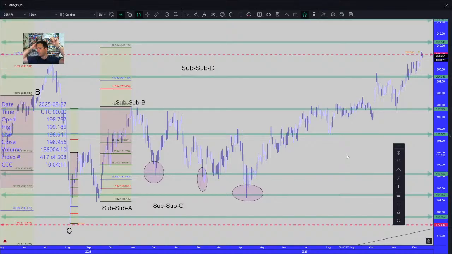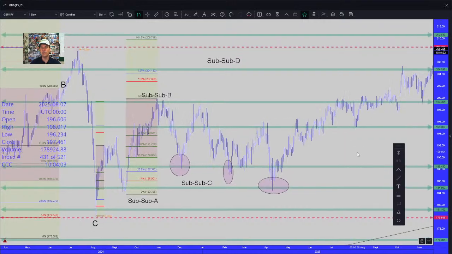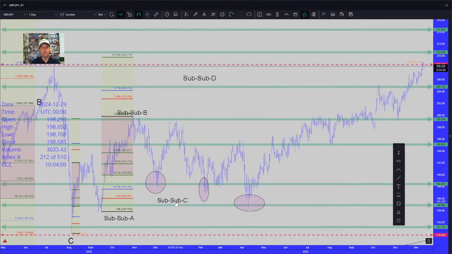We have time. Which one is the sub C? You're using the same rules that you've learned with the original Fibonacci. The sub C is the lowest point inside the sub A, sub B boundary after the sub B, before the market hit the appropriate sub D extension.